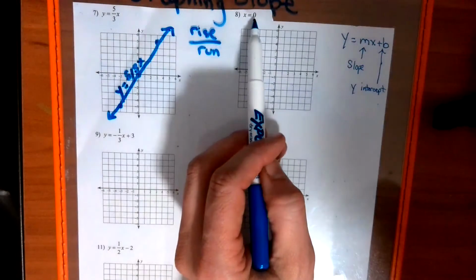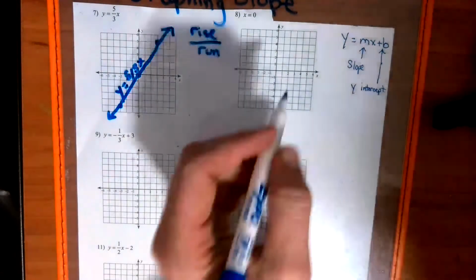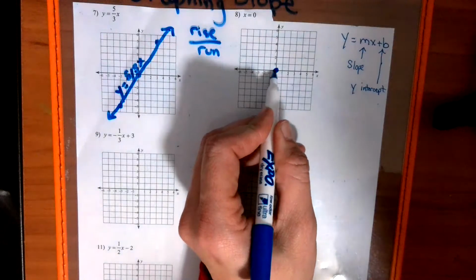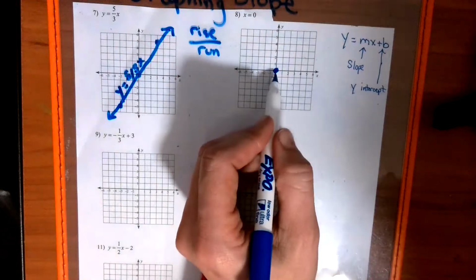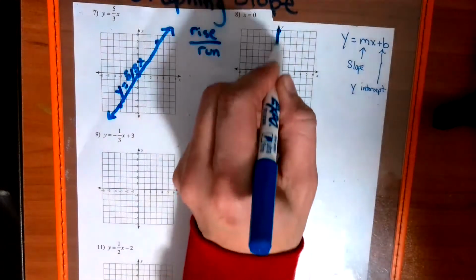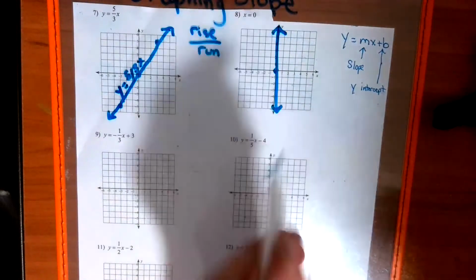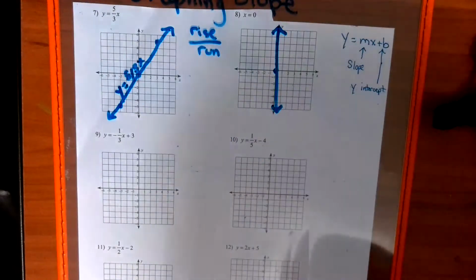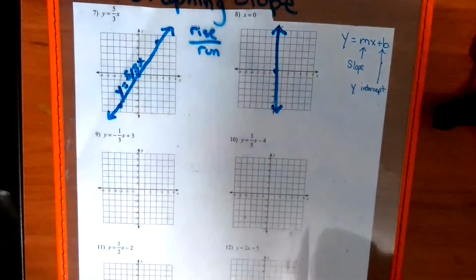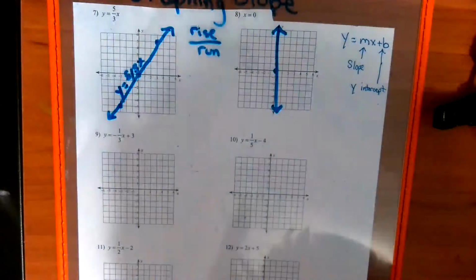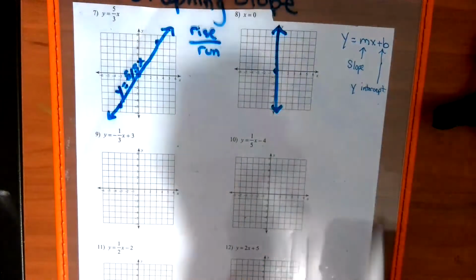Now, where it says x equals 0, it's literally where is x 0? So x is 0 right here. And where is x always 0? Straight down. So this one would be based off of what we just did on the last video. When the line is going straight up and down, there is no slope because the x is 0.